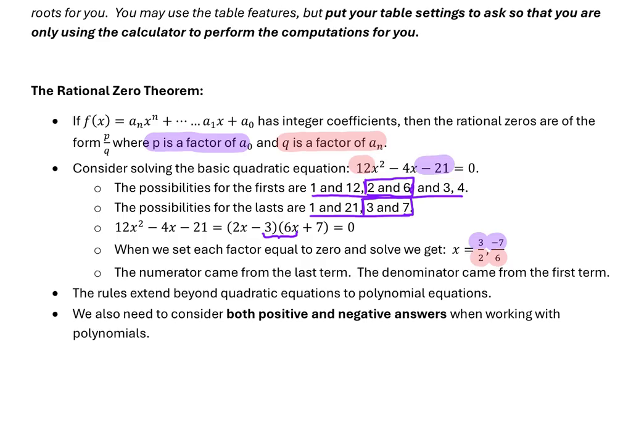We want to find all the combinations of these sets. We also need to consider both positive and negative answers when working with polynomials. Now let's look at some examples of this.